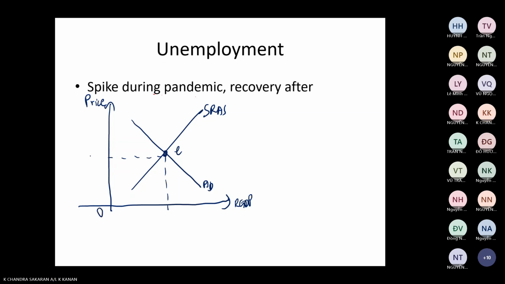So let's say price, production, unemployment. What happened during the pandemic? Business is bad, people are losing confidence, there will be less investment, less consumption, etc. So aggregate demand drops.